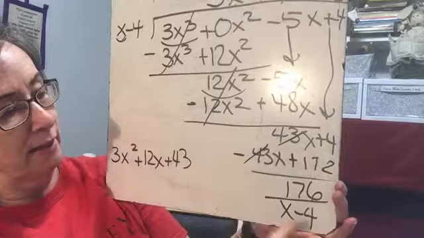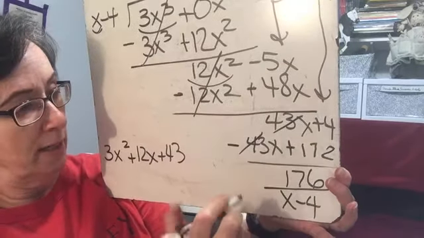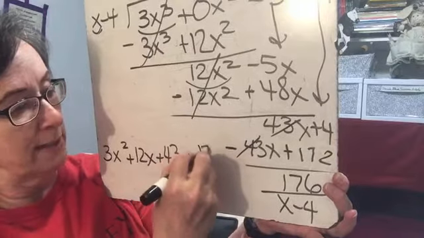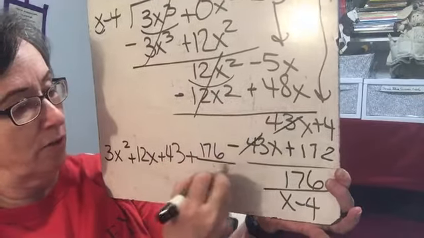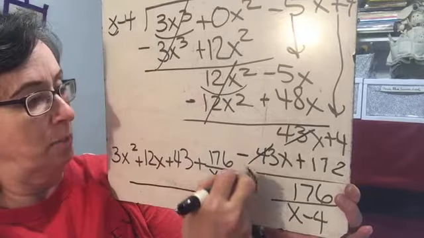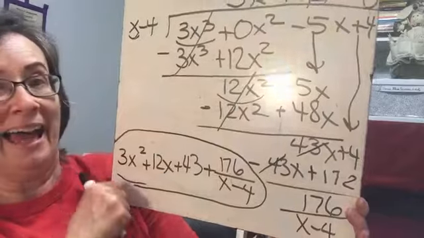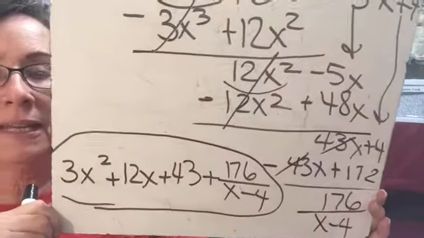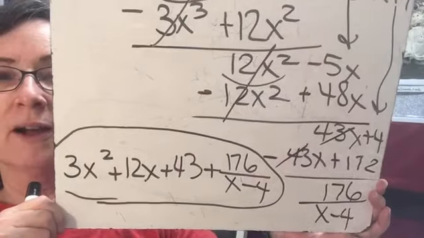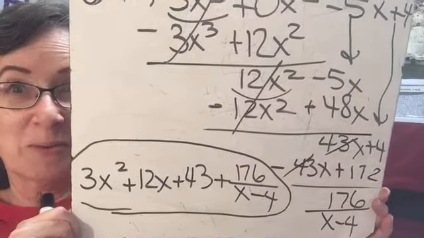And then the fractional portion here, plus 176 over x minus 4 should be your last answer. And I am done. And you are ready to go do your homework.